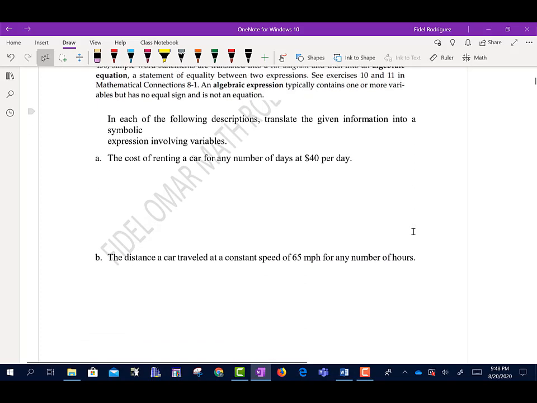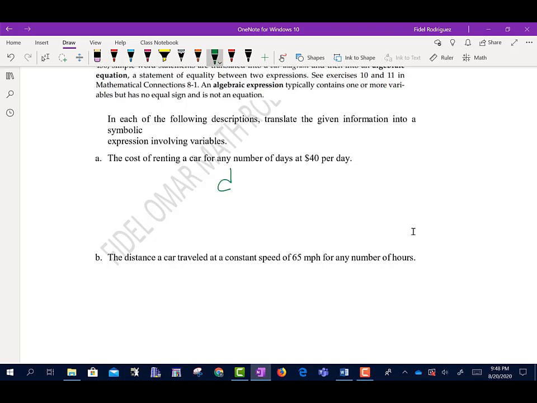All right, so let's see if we can figure out these first few problems that we have here. Let me get a different pen. And it says, in each of the following descriptions, translate the given information into a symbolic expression involving variables. The cost of renting a car for any number of days at $40 a day. Okay, so we want to find the cost of renting a car for a number of days at $40 a day.